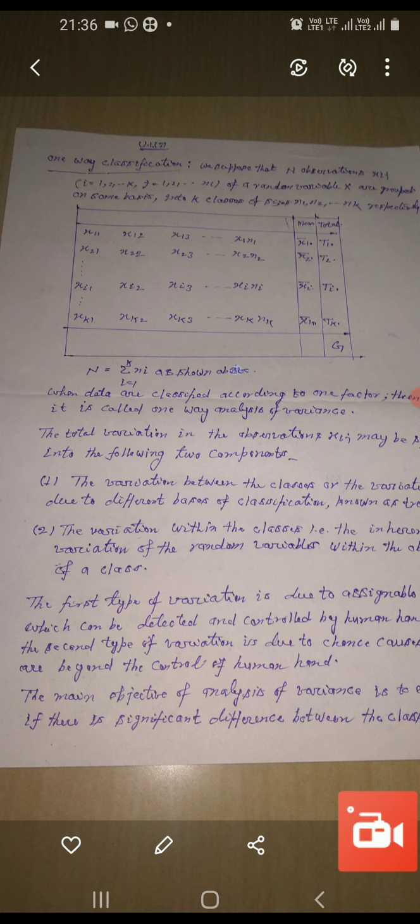And the second type of variation is due to chance, which is beyond the control of the human hand. Okay, the main objective of the analysis of variance is to examine if there is significant difference between the classes means.